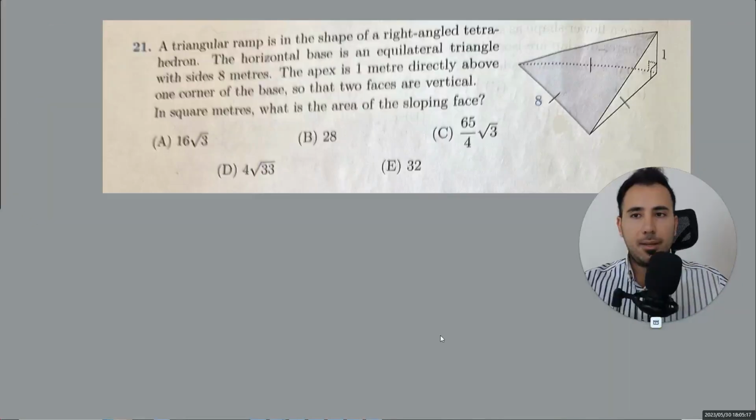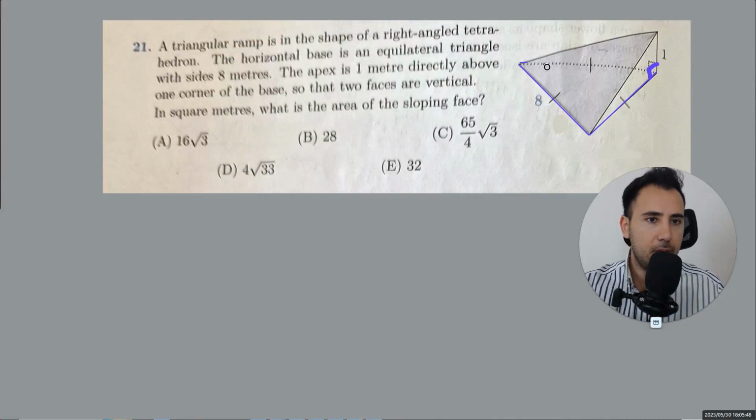Okay, so let's do question 21. As you see the picture, there is a triangular ramp in the shape of a right angle tetrahedron. This is the right angle. The horizontal base is an equilateral triangle with sides of 8 meters. So this is 8. This is also 8.